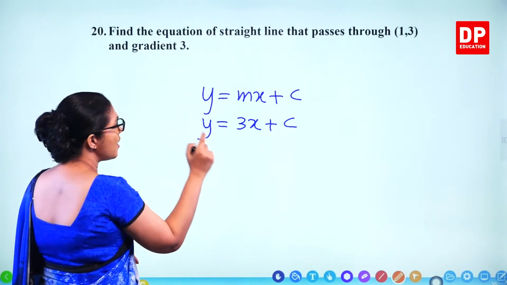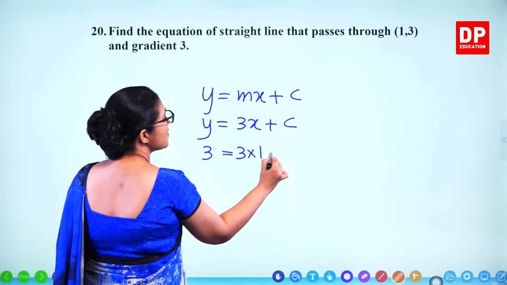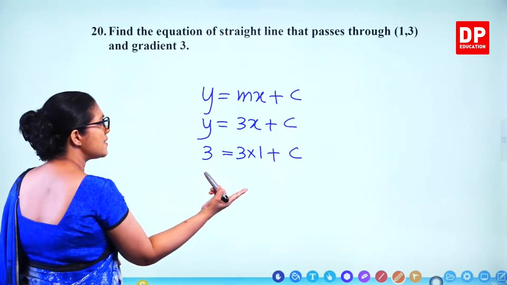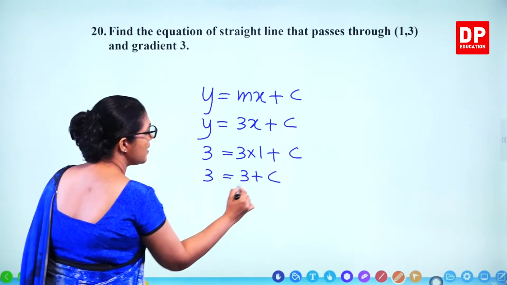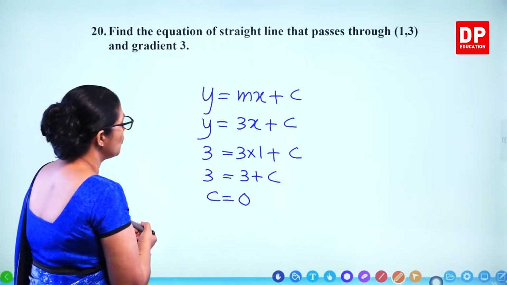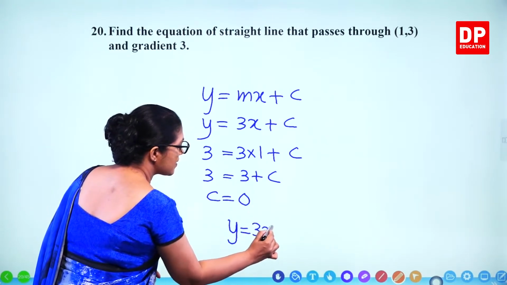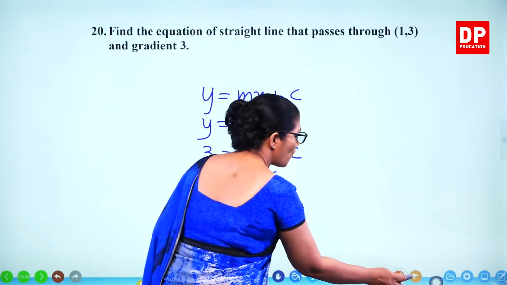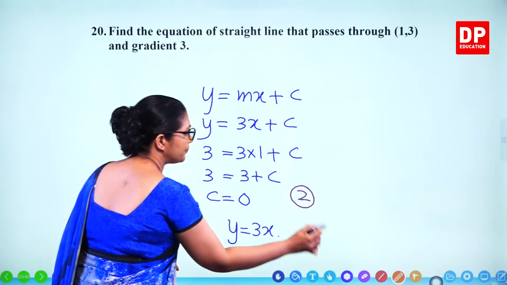When x equals 1, y equals 3. Substitute into the equation and find c. You get 3 here, 3 here, 3 minus 3, c becomes 0. So the equation is y equals 3x. 2 marks for that.